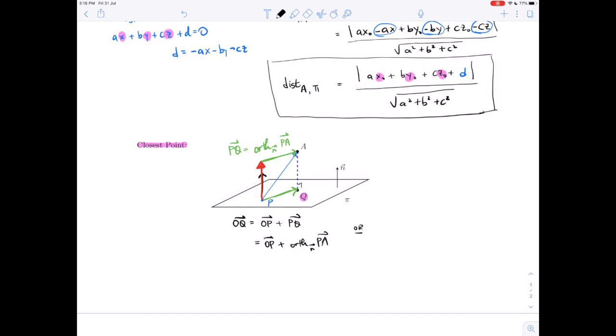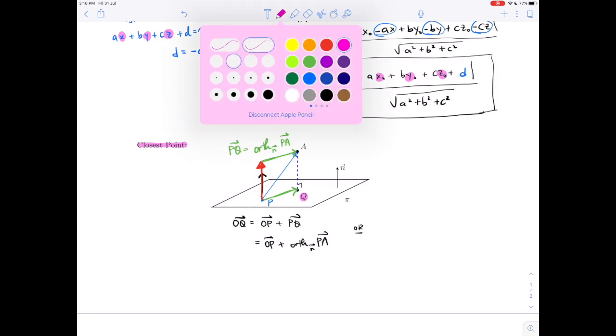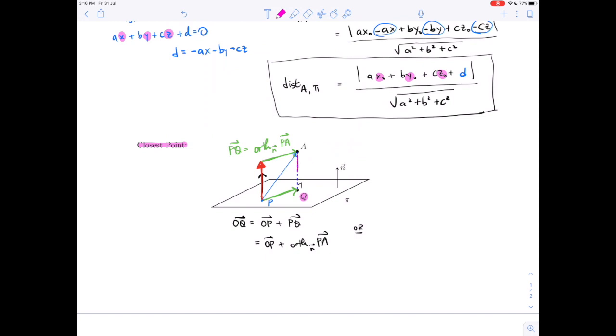Or another way of doing it is, well, just look at that projection vector. If I reverse that projection vector, right, that's minus the projection of PA onto N. That's also fine.